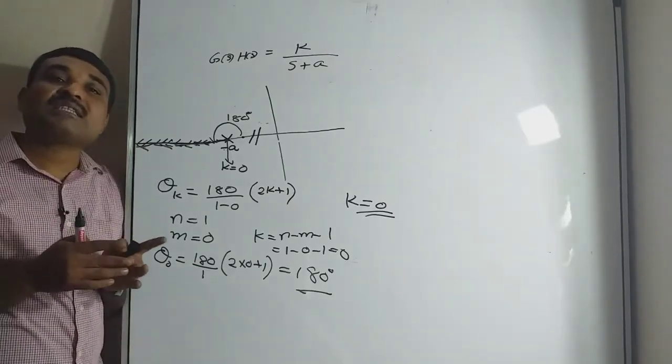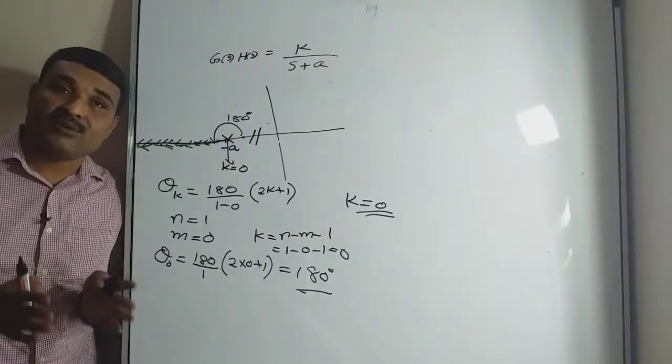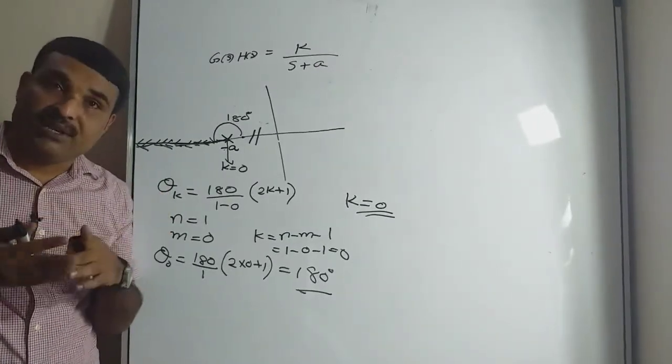So a root locus will originate from an open loop pole with k is equal to 0 and terminate at an open loop zero with k is equal to infinity.